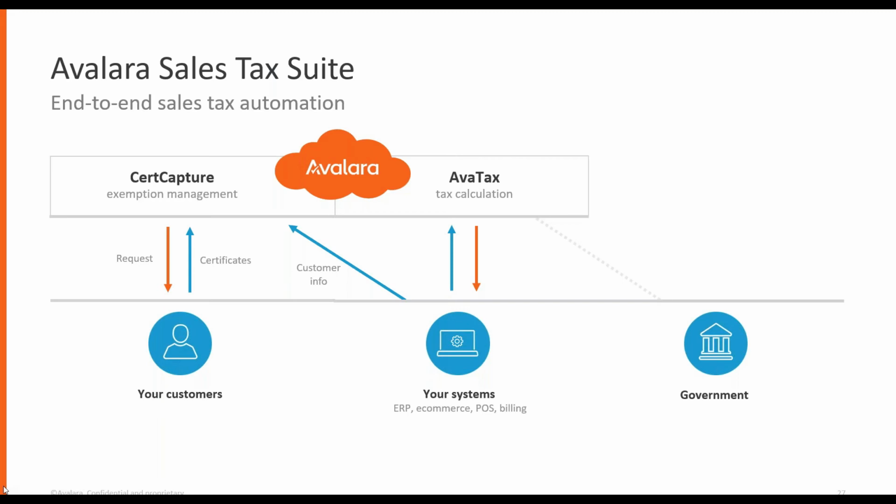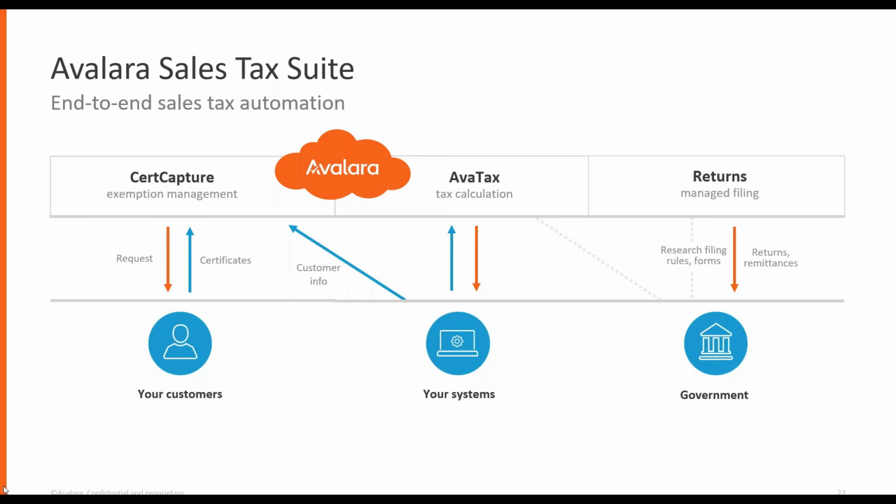The other thing cert capture does is manage expiration dates on those certificates. So when a certificate is about to expire, it's going to notify a customer that they have a certificate that needs to be renewed. There's a link in an email that is sent to them where they can update the certificate and send that information back to Avalara, managed in the cloud. Very little to anything that you need to do when using that to get everything up to date.